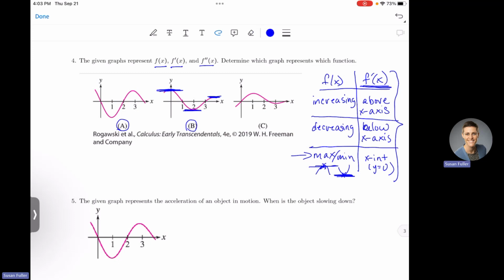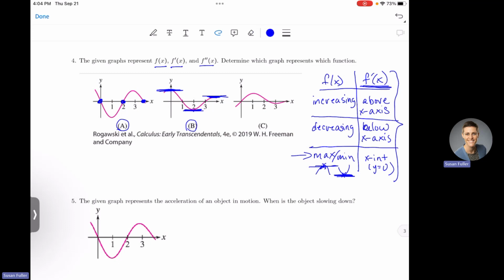Oh, where the slope is 0 here, A is 0. Here at x equals 2, I have a slope of 0 on B, and I have a y value of 0 on A. And also over here where I have a flat slope beyond 3, I also have a y value of 0.